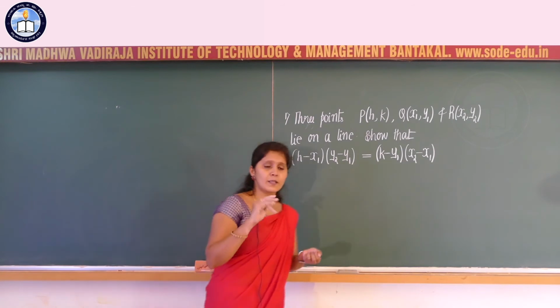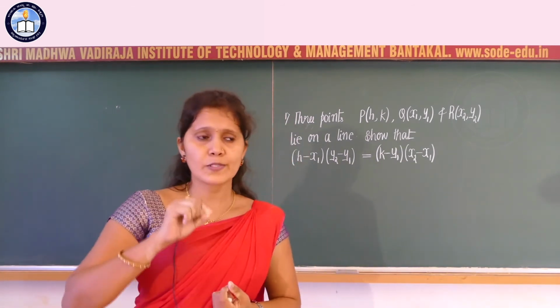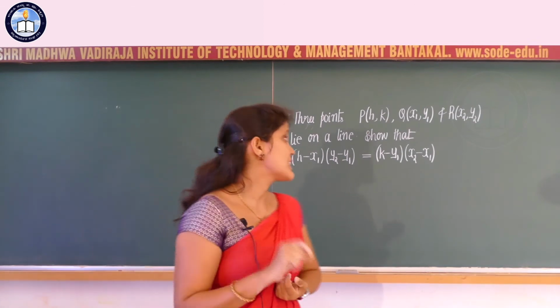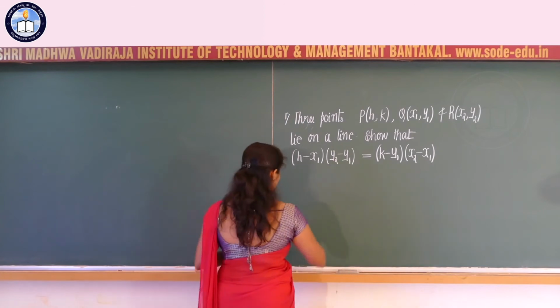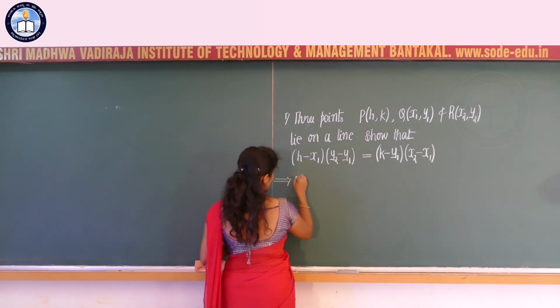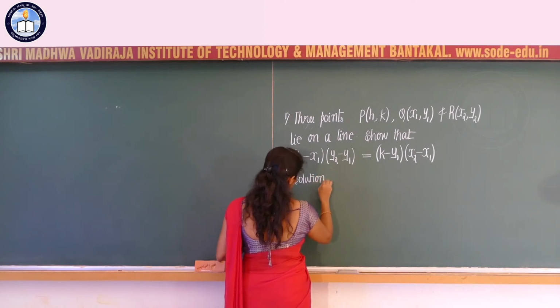What is meant by the points are collinear with respect to the slope of a line? That is, if slope of PQ is equal to slope of QR, then we can say that they are collinear. Let us write the solution for the given question.